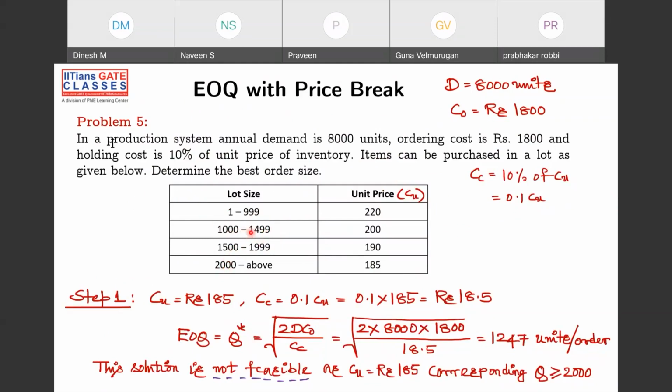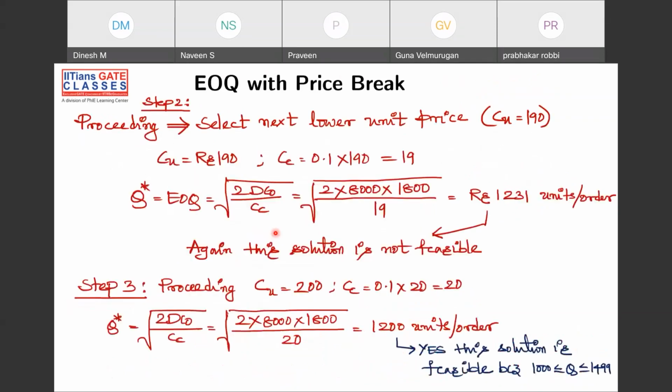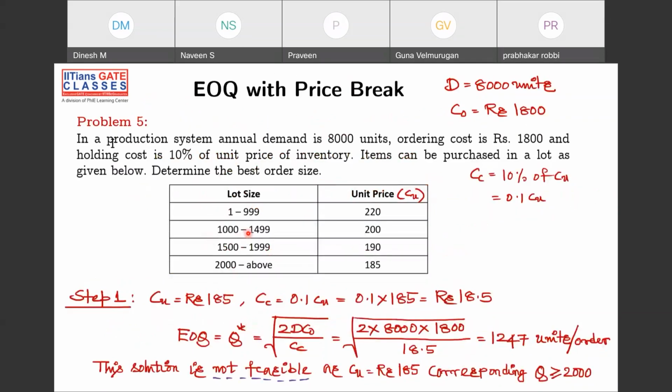Ordering 1200 quantity is fine, but there might be chances that at 1500 or at 2000, this is the point at which the price is breaking, right?